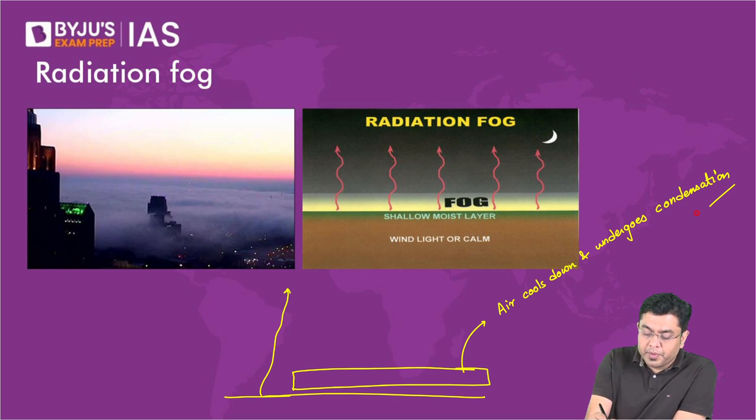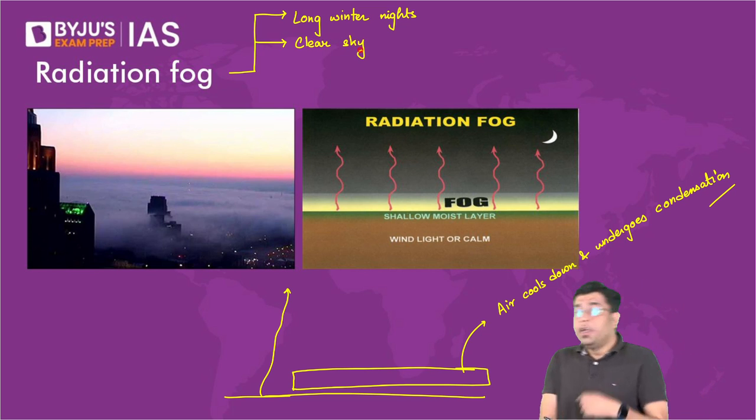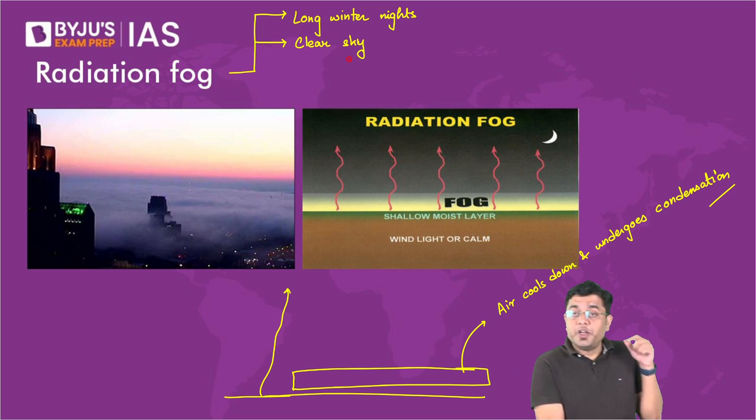Let me know. Can we say long winter nights? Very good. Long winter nights, that is when the ground continues to lose heat for a longer duration. Other than that, clear sky, beautiful, right? Because on cloudy nights, you won't experience fog formation, because when you have clouds, they will re-radiate back some amount of that heat.